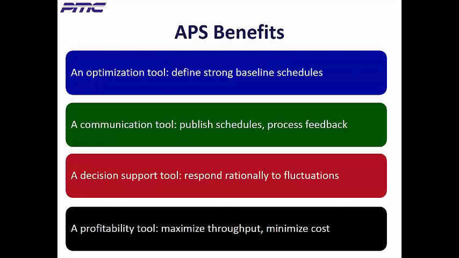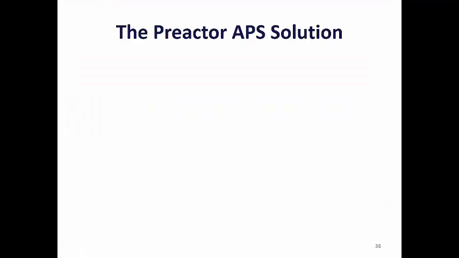A decision support tool, not a decision co-opting, a decision taking over tool. But when it's all in place, when the optimization and the communication and the decision support are in place, we get to the bottom line: APS is a profitability tool that helps maximize throughput and minimize costs throughout the facility.